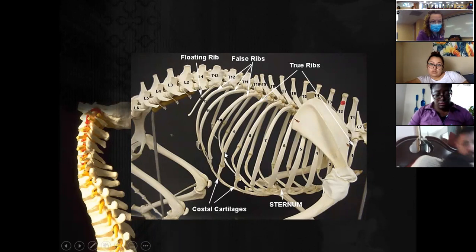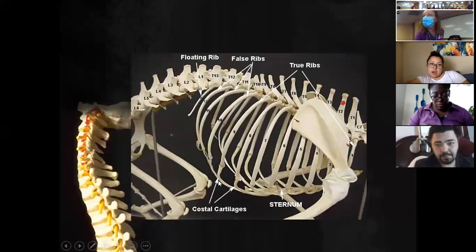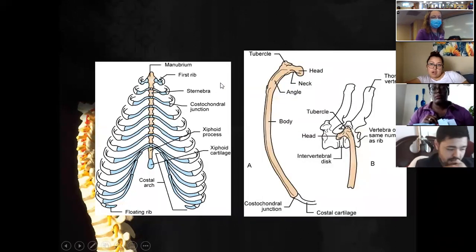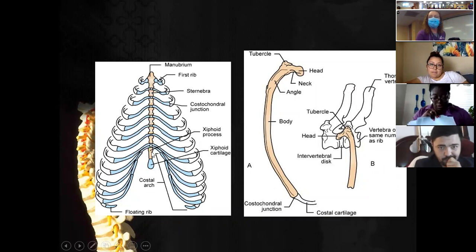You can see I've got a rib here where the end is floating off into space and we have that cartilage bridge. That would be our asternal. And here we've got a little floater. On the ventral aspect, my ribs articulate with the sternum.